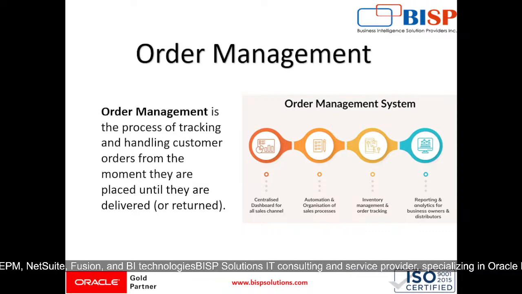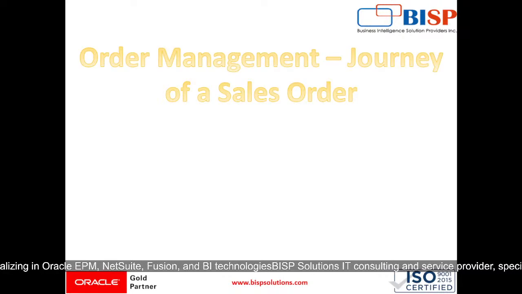For example, Ashish runs a small business called Tech Insta, where he sells laptops and accessories online. Let's see how he manages his orders and inventory efficiently with the help of the Netsuite application.